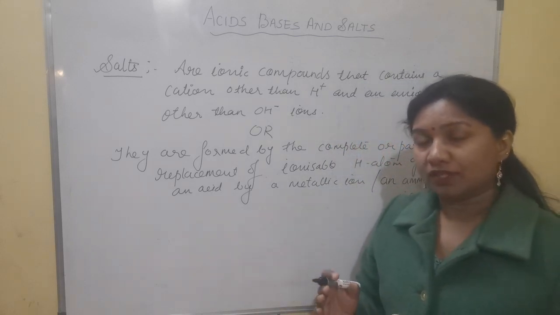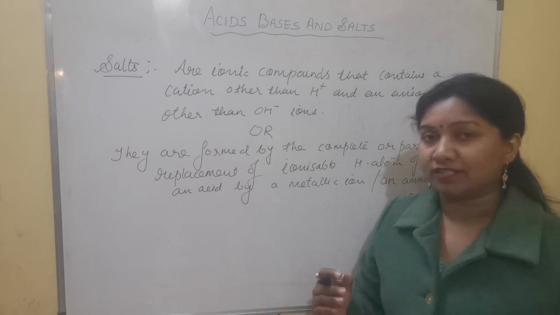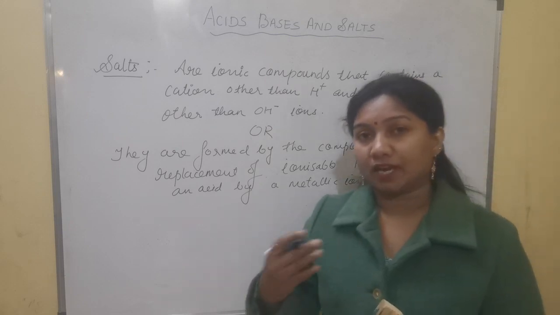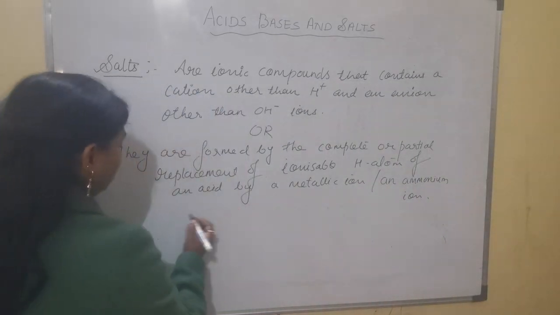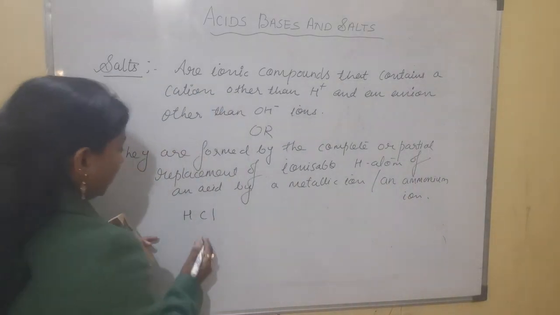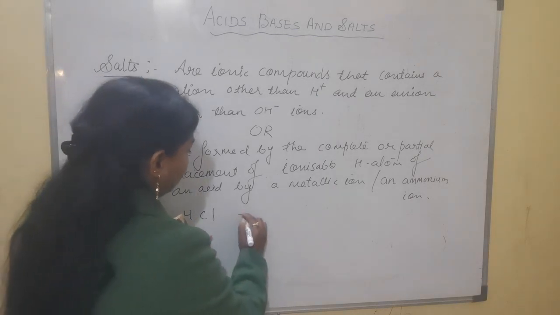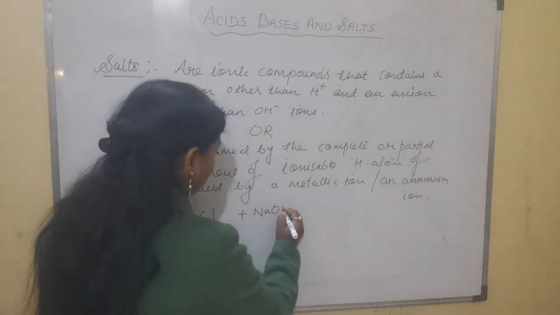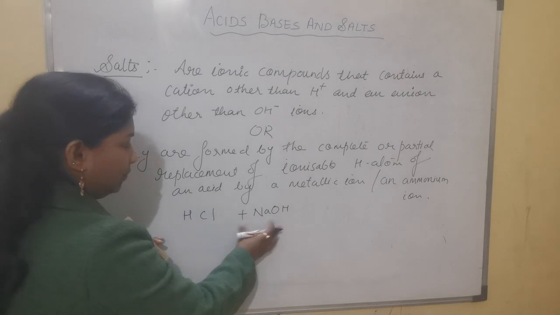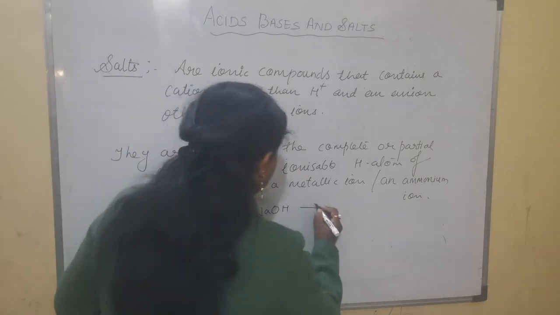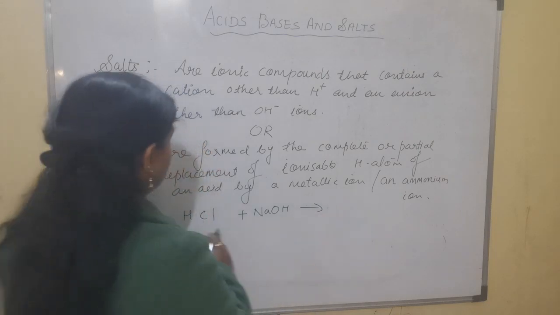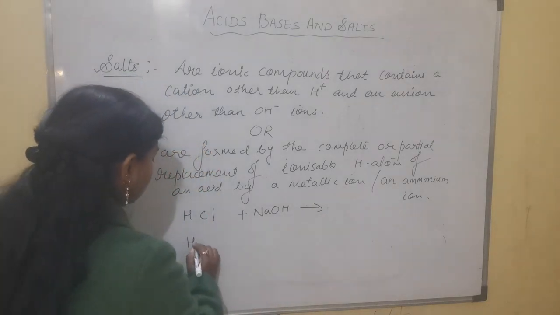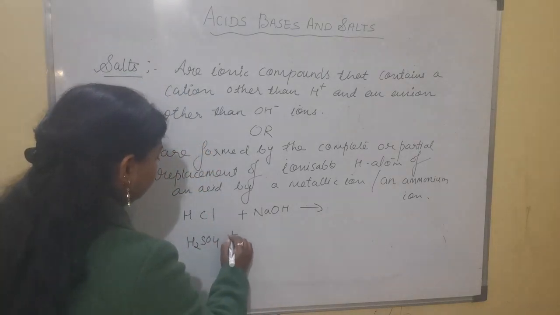To convert an acid into a salt, what is needed is that it should lose its hydrogen atom either completely or partially. Right? So let's take two examples. One is hydrochloric acid, but we know that acid reacts with base to give salt. So we have to take an acid and a base on the reactant side. That is mandatory, because when they react, then only salt will form. One is HCl and another example is H2SO4.